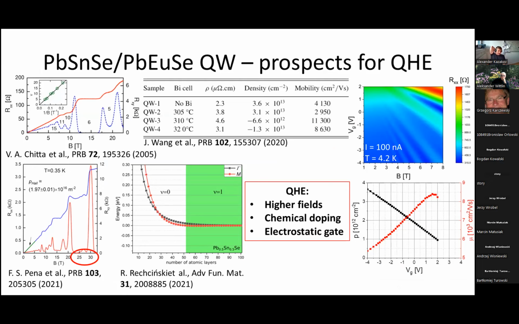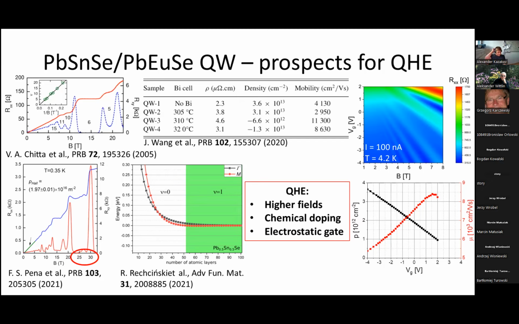But the final goal is to see the signatures of the quantum Hall effect and potentially to go to the gap and see any signatures of topological edge transport. So for the quantum Hall effect, one thing can be the usage of high magnetic fields, because in lead tellurides people saw the quantum Hall effect at pretty high fields, more than 10 Tesla.